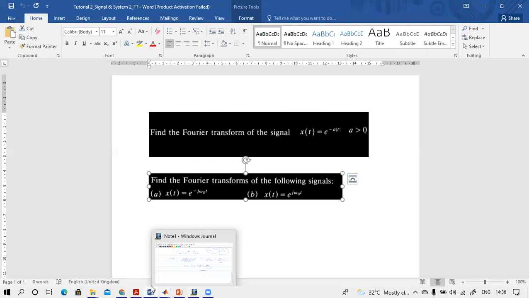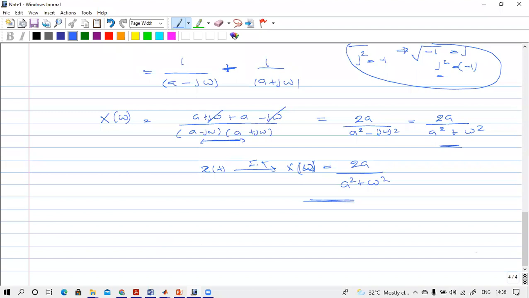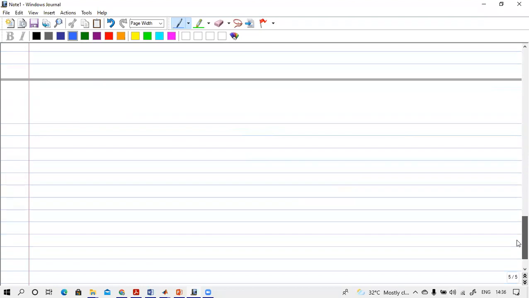I will do another question. Let's see. So you know the delta t function, no? The impulse function, the Dirac delta function, delta t. You have learned about this signal. Can you remember this signal?